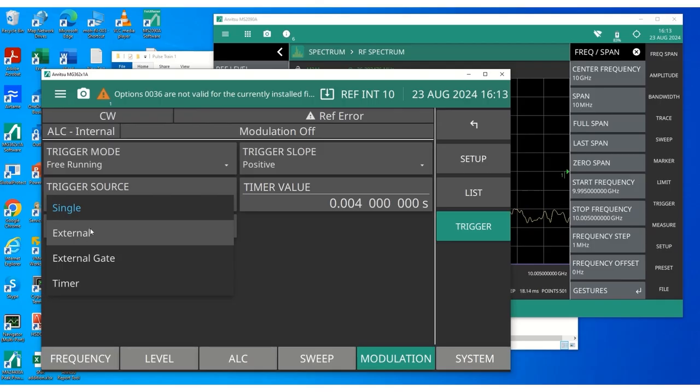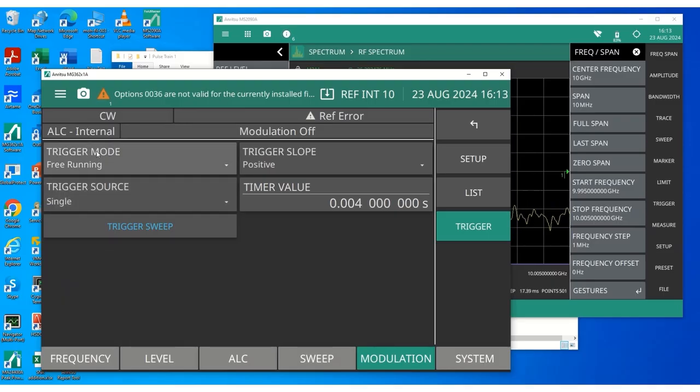External is an external trigger signal, and external gate is a gated external trigger signal, and timer. I'll talk about this timer source a little bit later. But these are the four trigger source mechanisms.